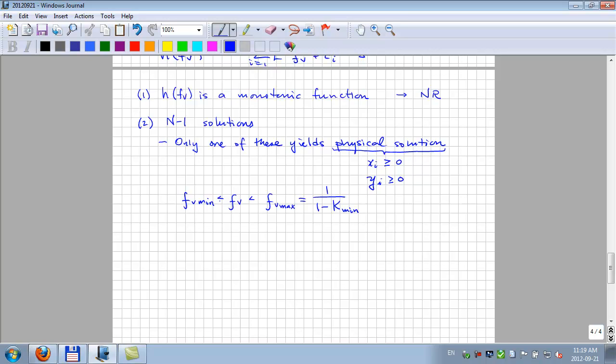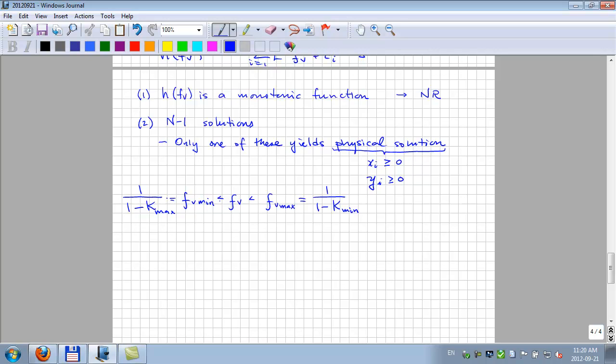We can just sort through all the k values, find the minimum, and calculate this number. So the minimum k value might be 0.1 as an example. It'll be less than 1 for sure. So 1 over 1 minus 0.1 is 1 over 0.9, which is 1.1111.